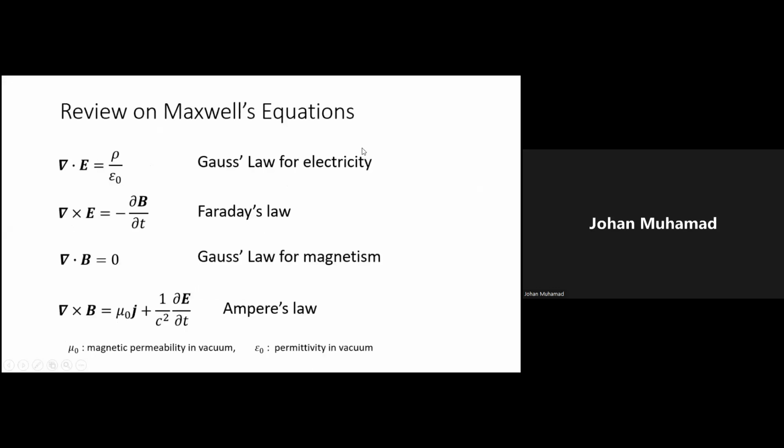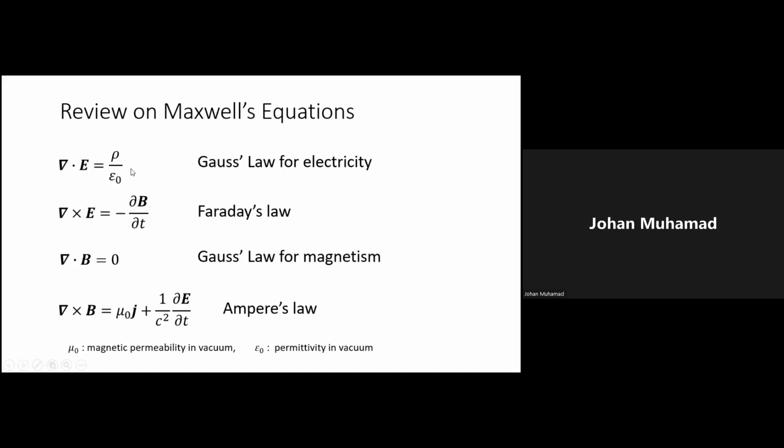And then we have also already learned about Maxwell's equations, the laws that govern all of electromagnetism. The first one is Gauss's law for electricity, that the divergence of E equals the electric charge density over the electric permittivity.